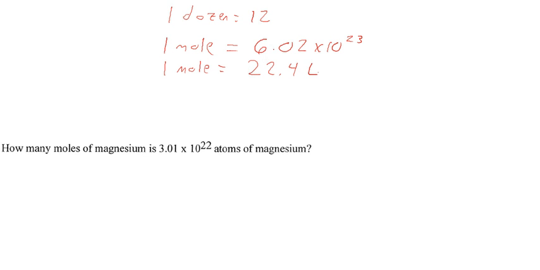Any gas that is at STP, standard temperature and pressure, takes up 22.4 liters of space. Also, I can take a look at mass and say that 1 mole is equal to the mass on the periodic table.